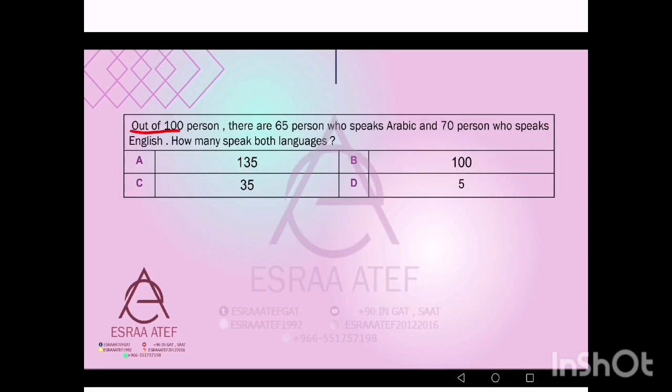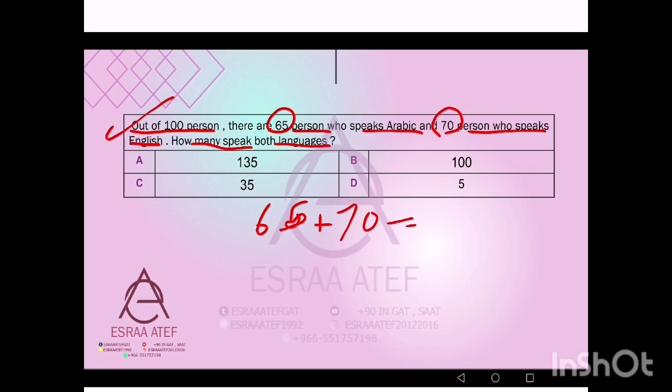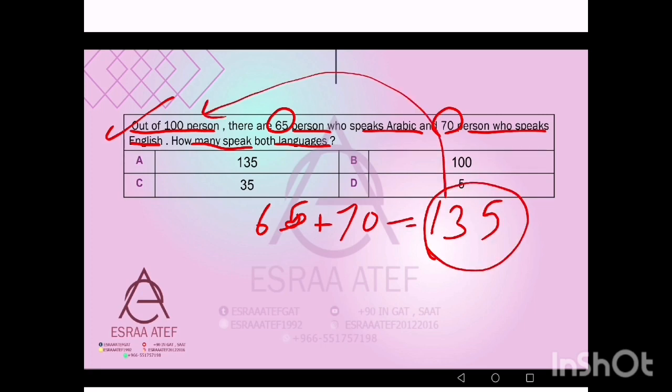Okay, out of 100%, there are 65% who speak Arabic and 70% who speak English. How many speak both languages? In this problem, how can we solve it? We add them to each other, so 65 plus 70 gives me 135. So it is more than 100.